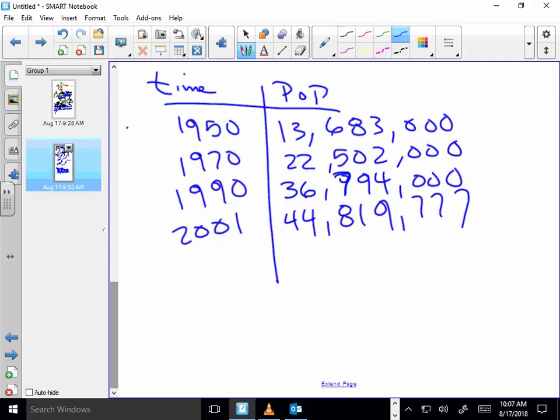I guess I have to turn that plot on. Exponential, because we're growing faster and faster.